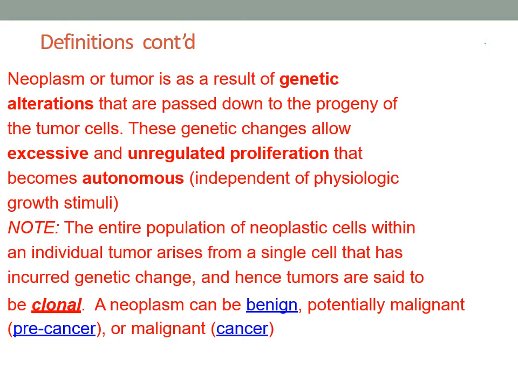Neoplasia, to classify it, we can classify into two groups. We have benign. These are humble neoplasia, meaning that they don't grow fast and they don't spread to distant organs. This is a humble neoplasia. And the second is malignant neoplasia. Malignant, these are very aggressive neoplasia.